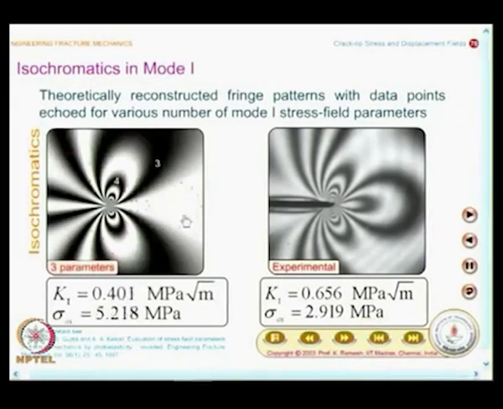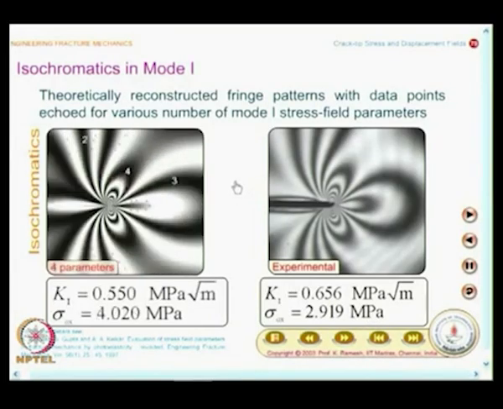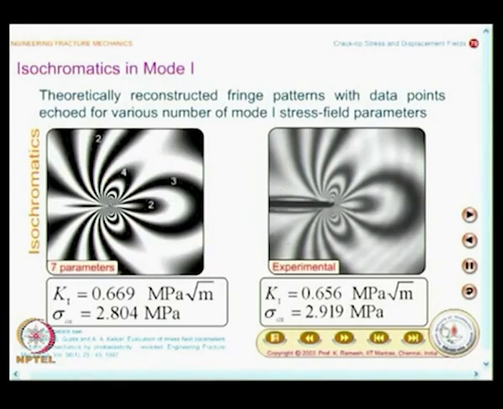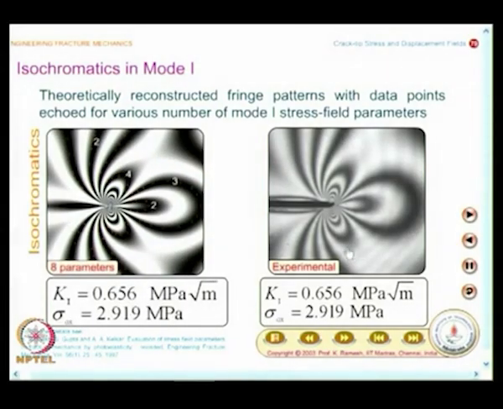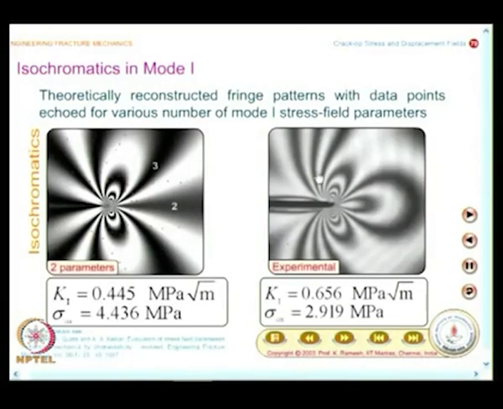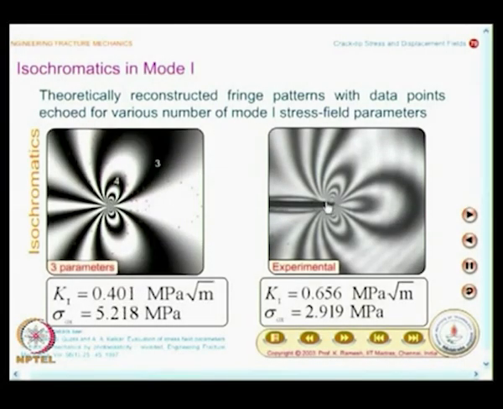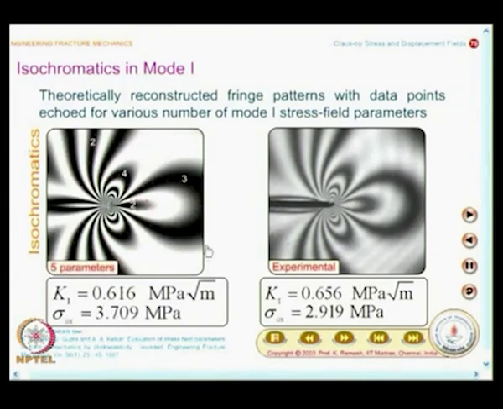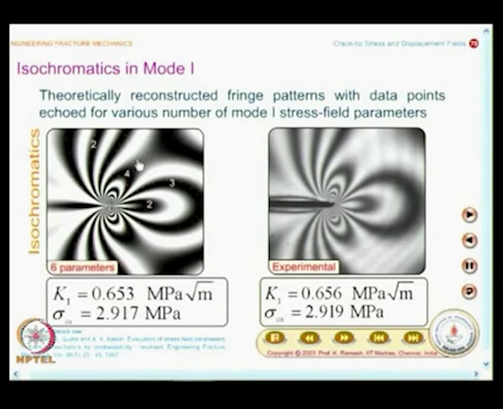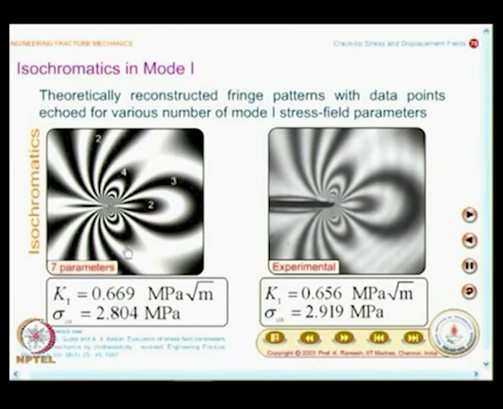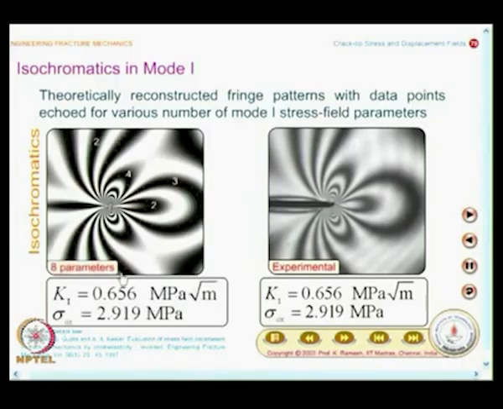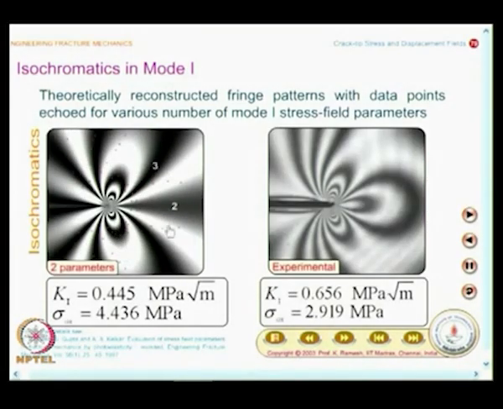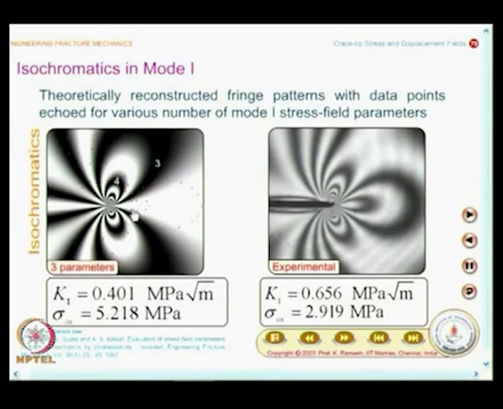Showing such long expressions is not going to enthuse you. We just make an observation of this animation, and what you see on the right side is the experimentally obtained fringe pattern. I have a crack, with forward tilted loops as well as frontal loops, and on the left side you have the solution obtained from experiments, done by an over-deterministic least square methodology, and the number of terms in the series solution are incrementally increased.